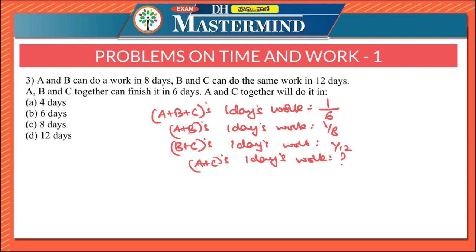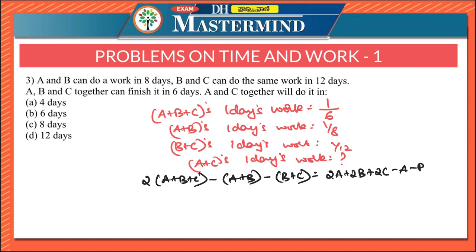We can do it in this way: 2 into A plus B plus C minus A plus B minus B plus C. So this comes out to 2A plus 2B plus 2C minus A minus B minus B minus C. When we solve this, we get A plus C. Therefore, we will get A plus C's 1 day's work when we substitute A plus B's 1 day's work and B plus C's 1 day's work in this formula.